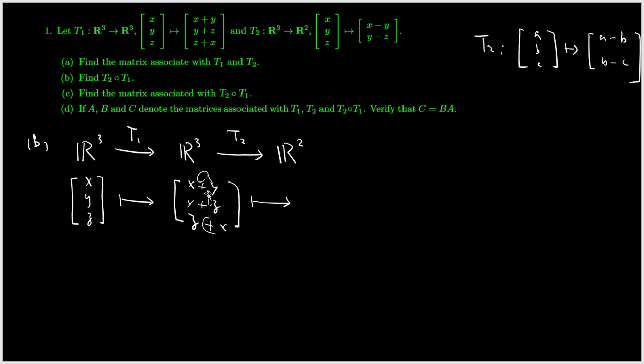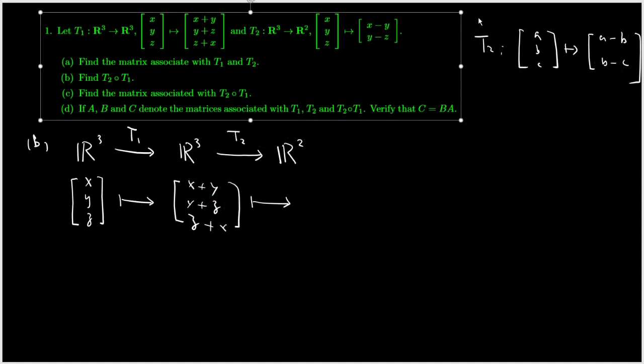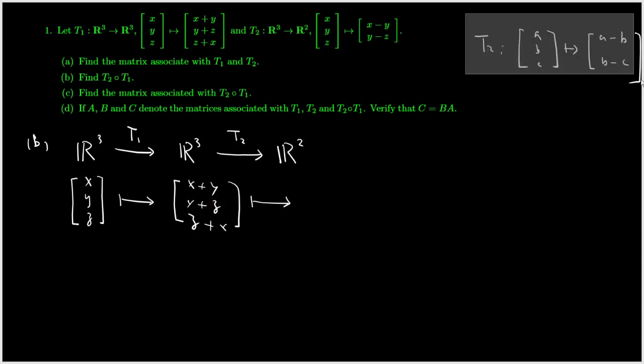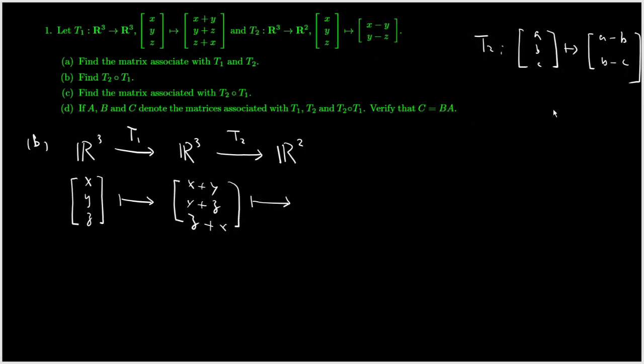You just compute a minus b. You replace a with x plus y. You replace b with y plus z, and so on. So do you know what I mean? That's one way to see that.